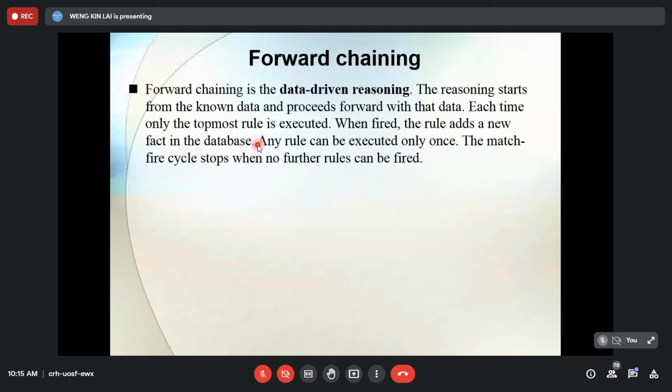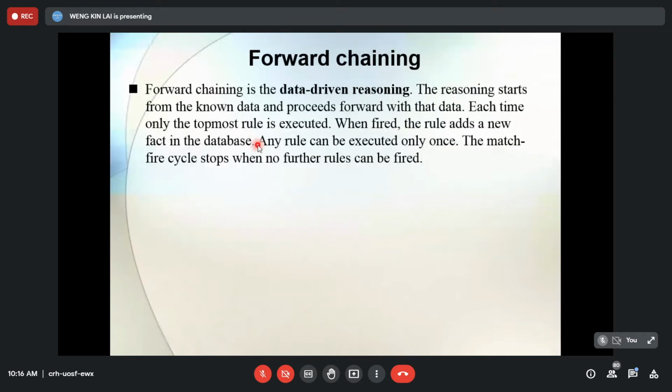Remember, if you want to find the sequence of towns you need to visit, you don't go back to the one you visited before. As long as you have processed it already, you don't need to go back. Same with the rules here: the rules in the knowledge base can only be executed once.